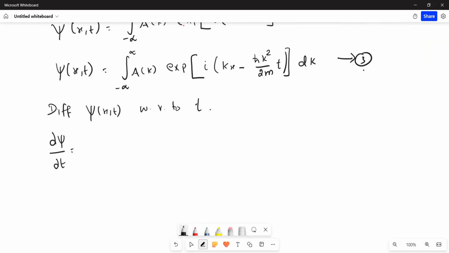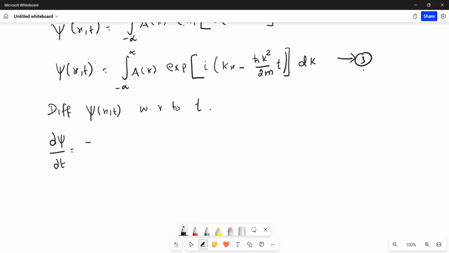Here, with respect to time only we need to differentiate, so the other factor automatically becomes a constant. Only this term is differentiable.